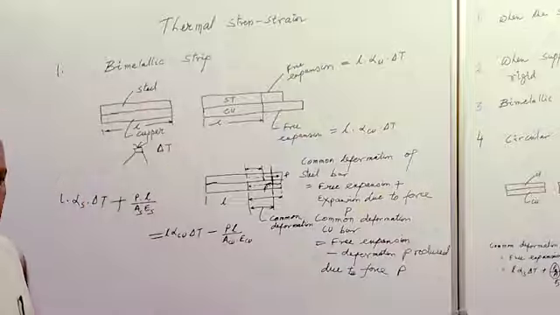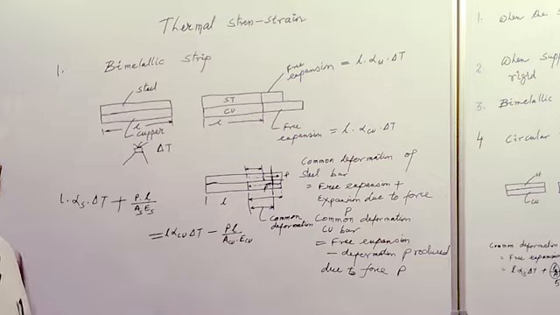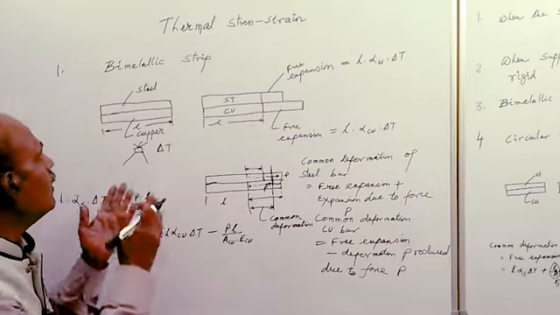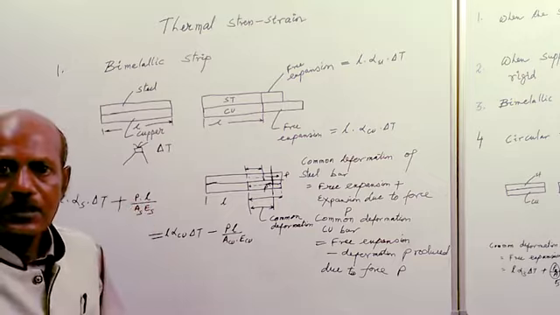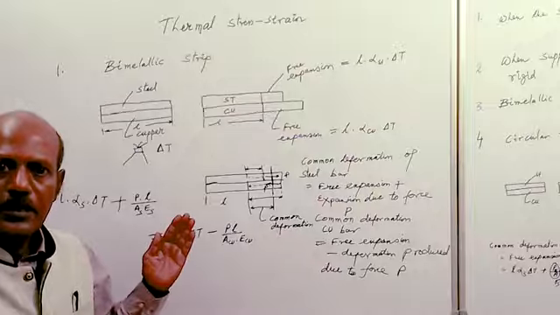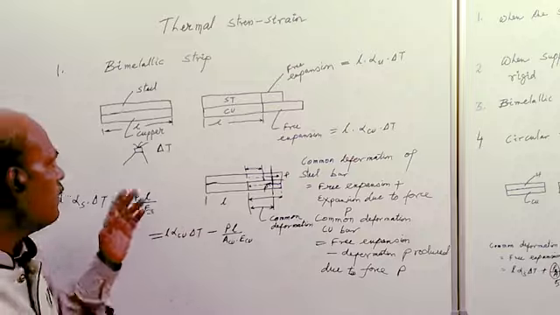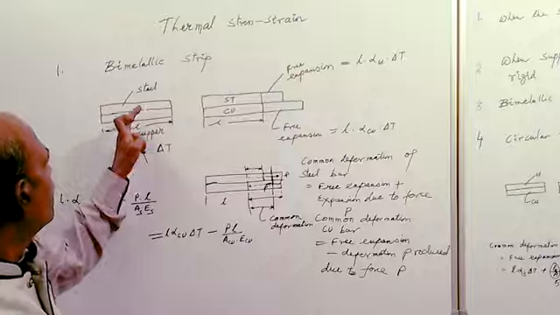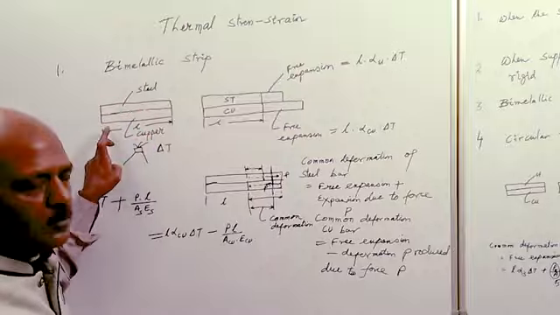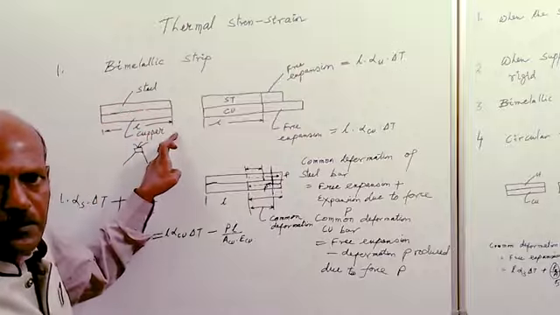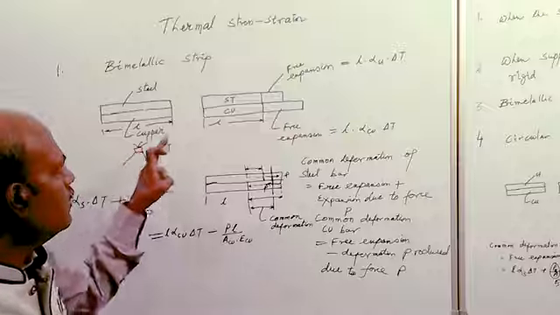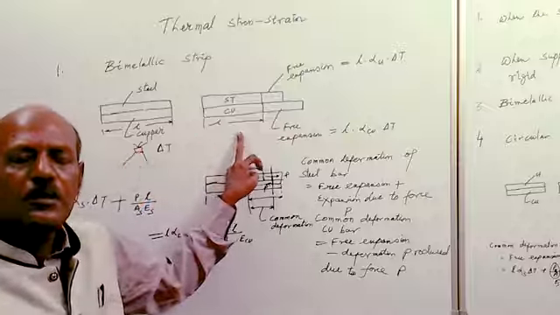So this is the most complicated case, that is the thermal expansion of a bimetallic strip. The ends are restricted, so this is the first case which shows the original length of the bar. When the bar is heated, the free expansion will take place.